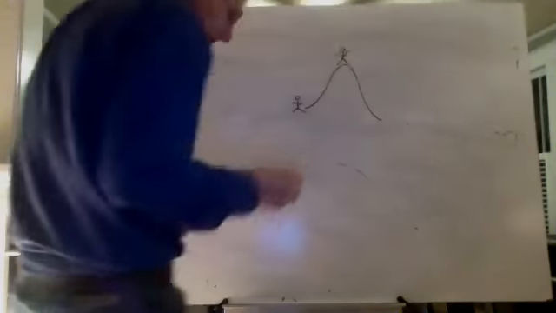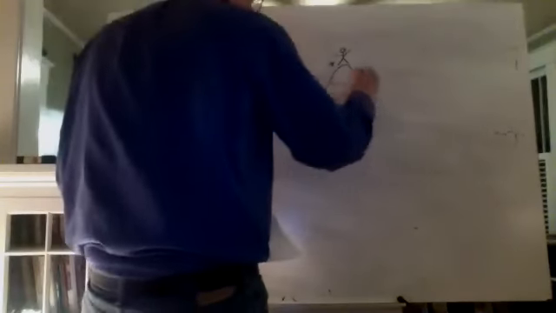Like if we're climbing a mountain, let's say this is where we start and this is where we end. Being path independent would mean that whether we go straight up the mountain like this or go around the mountain, you know, in this indirect pathway like that, that the work would be the same. Let's call this path A and this path B. And we'd say work A is equal to work B.